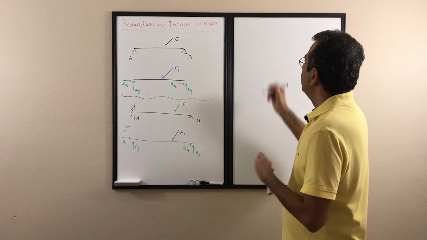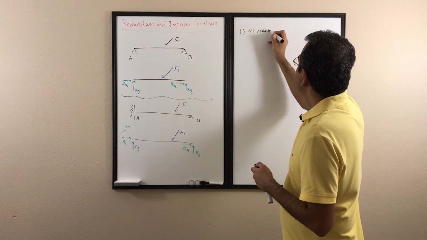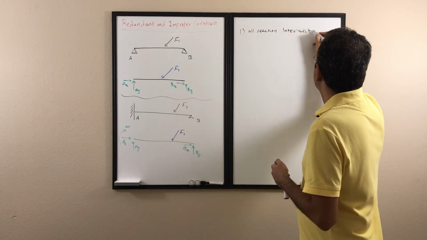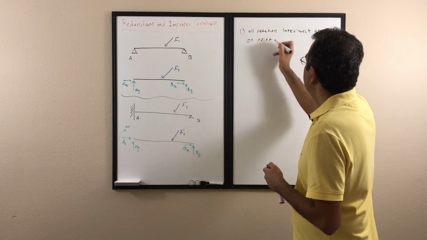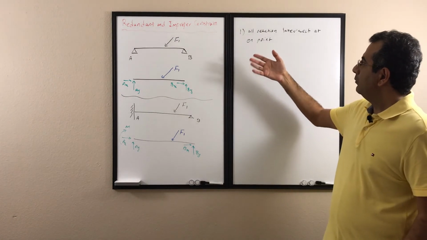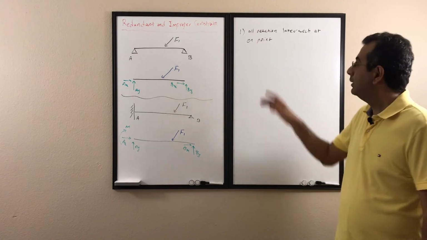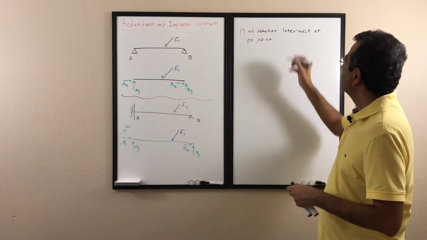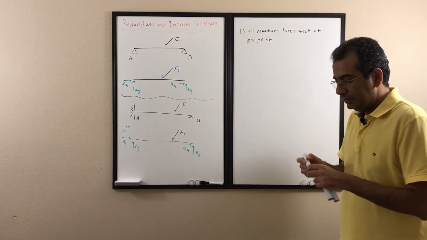So if all the reactions intersect at one point, then this is an improper condition. The reason is that the moment about that point is always 0, so it might rotate about that point. So if all the reactions intersect at one point, it's improper.